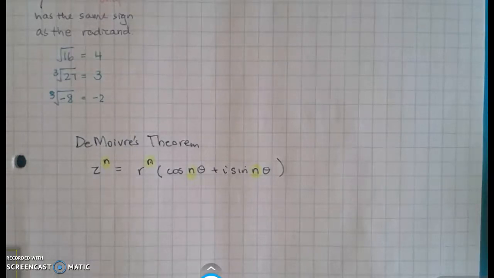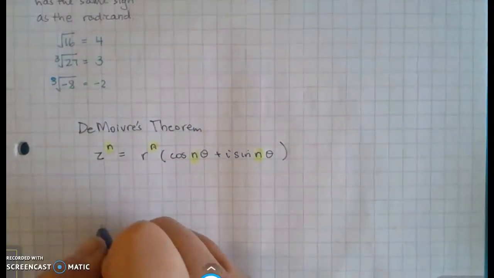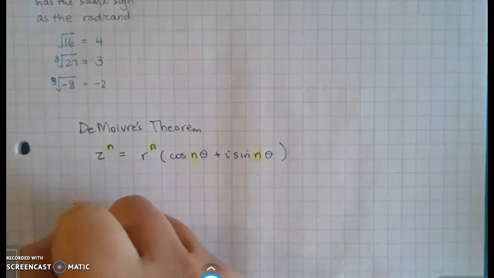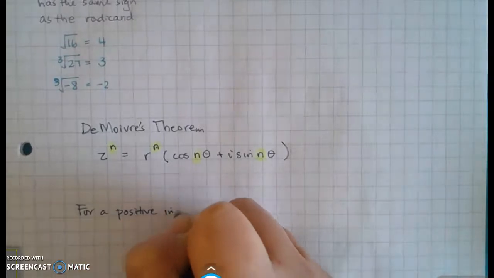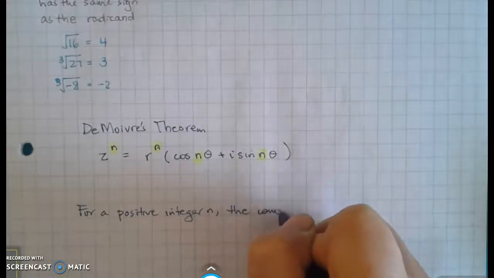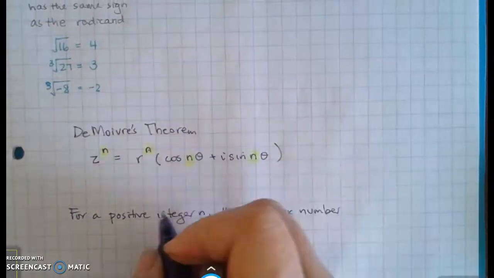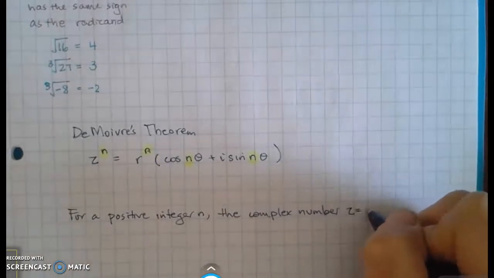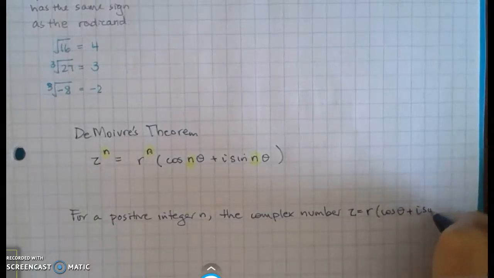Well, the formula that you're going to get today looks like this. So if I am taking the root, for a positive integer n, the complex number z is equal to r multiplied by cosine of theta plus i sine of theta.